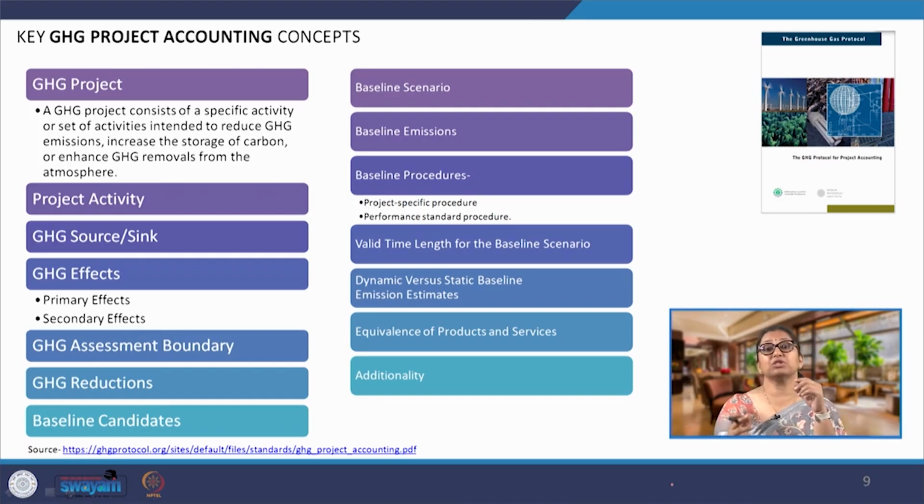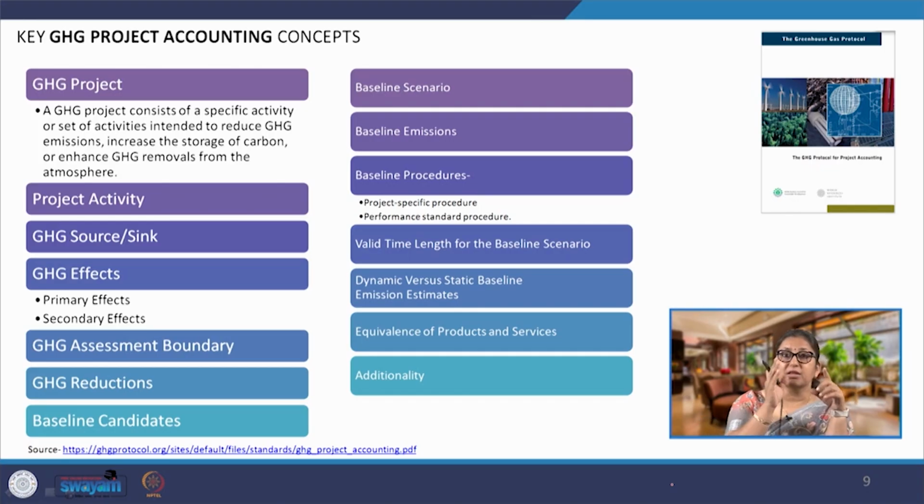The sources could be many. For example, this Gymkhana might have a small pantry where boiling of water or making of tea is happening. Burning of LPG there is a source of GHG emissions. That is also going to come into accounting.